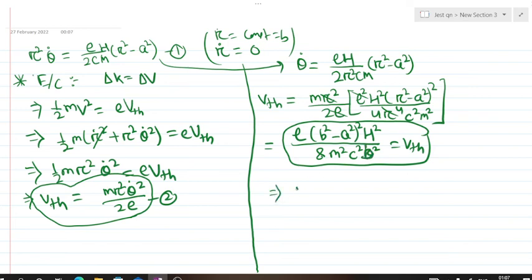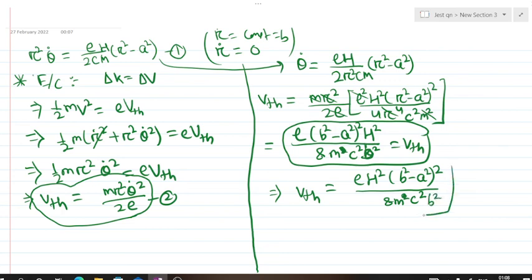Our final answer will be V threshold equal to e H square b square minus a square whole square divided by 8 m c square b square. This is the threshold value of voltage so that the electron can't reach the outer cylinder.